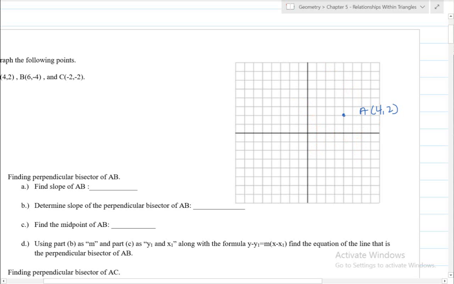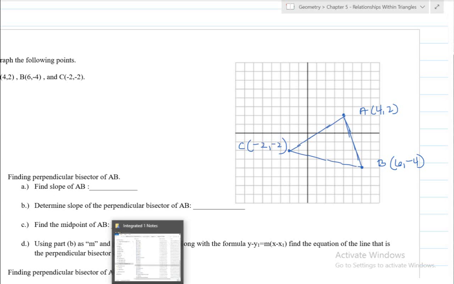So 6, -4. I think it's a good idea as you are graphing this that you label things so that you don't have to come back and recount ordered pairs and stuff like that. So that is my set of points.